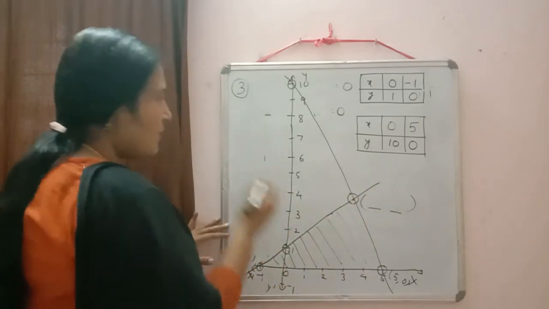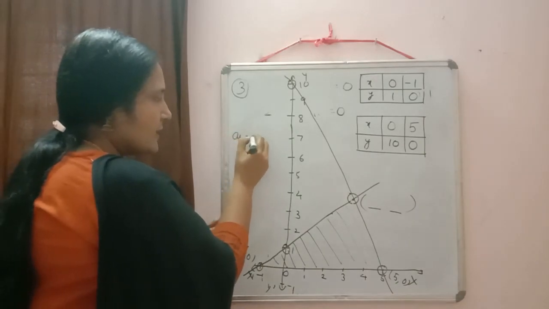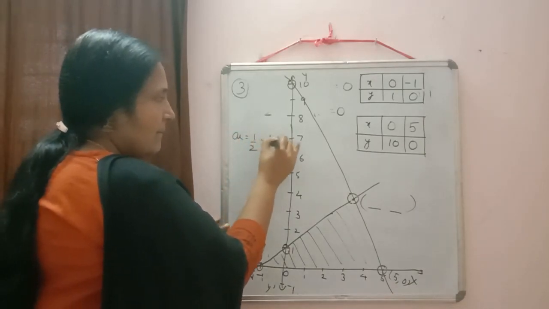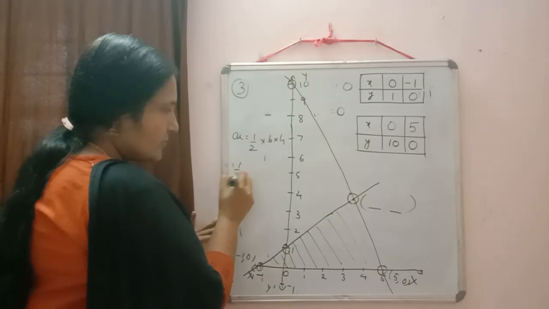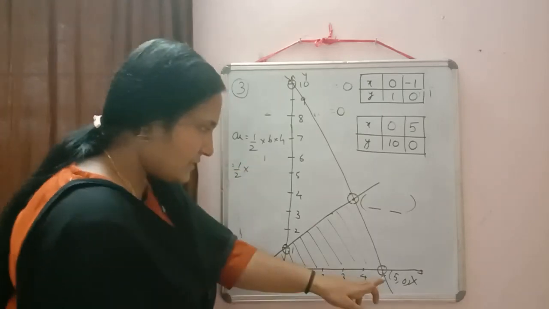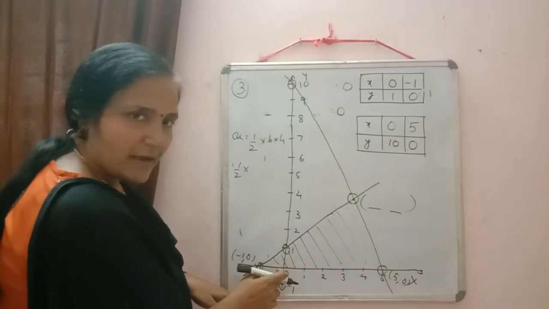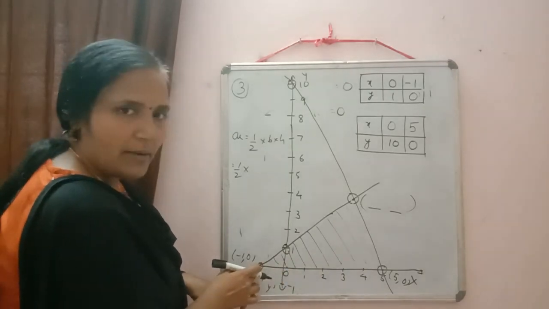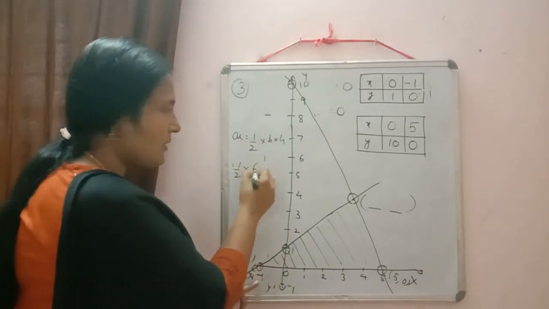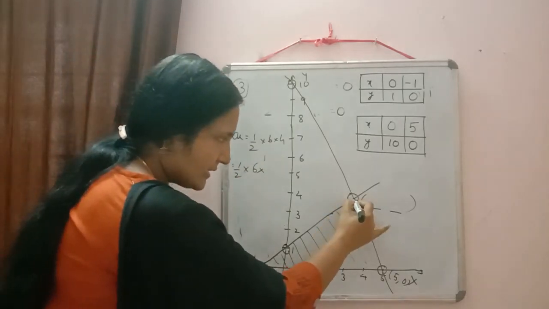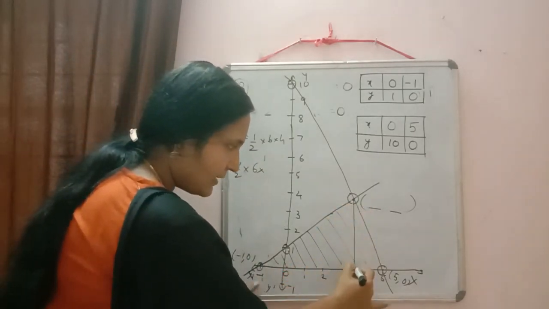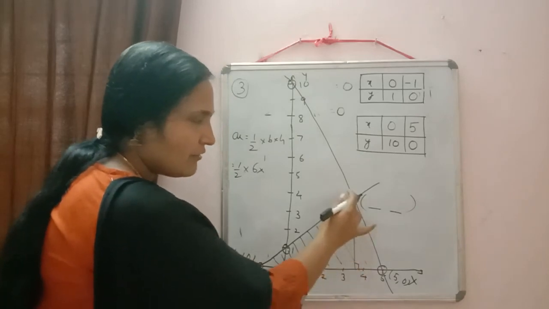Okay. So now I am finding the area. Area is equal to half into base into height. So half into base. Base means this is the length there. You can check here. Till here we have 5 centimeter and here 1 more centimeter. So base is equal to 6. And height. Height means this will be the perpendicular distance. So all of you just check there.